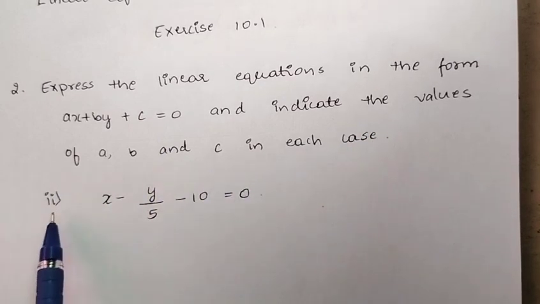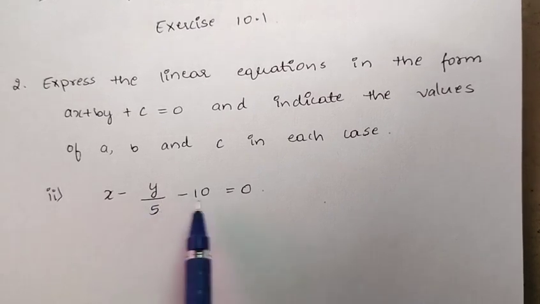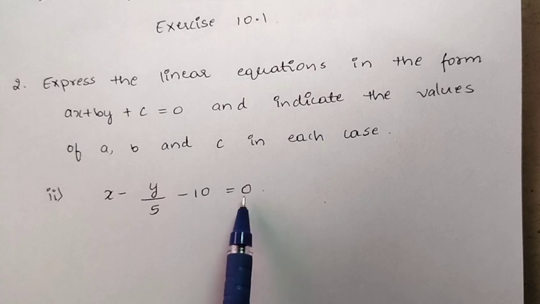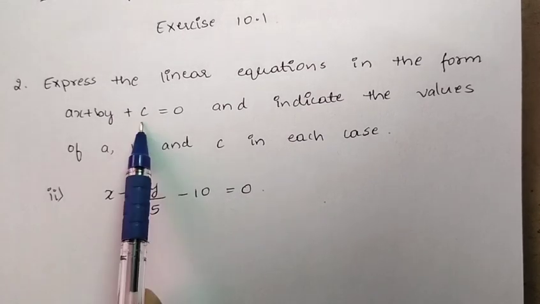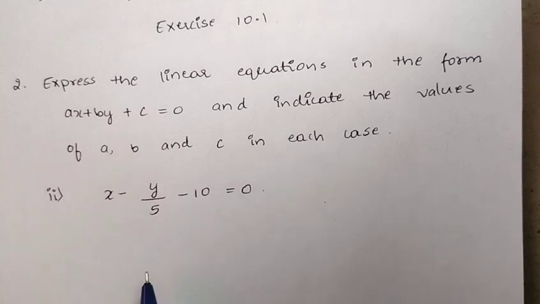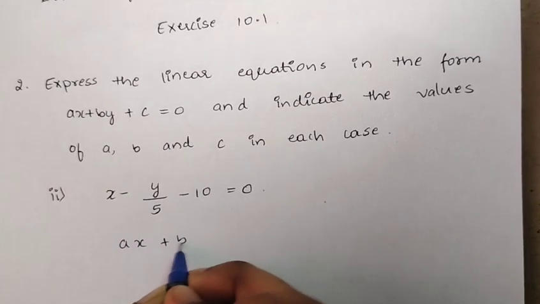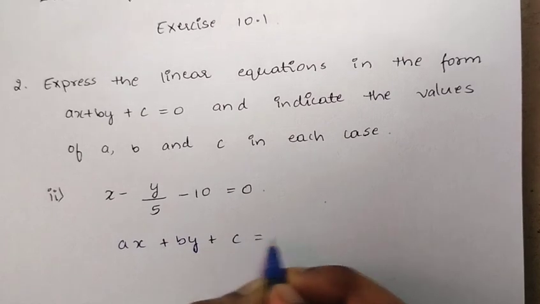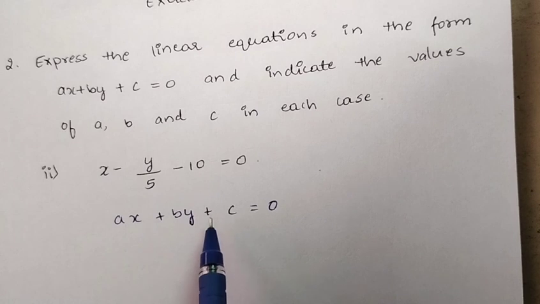The second question given in your textbook is x minus y by 5 minus 10 is equal to 0. When you compare this given equation with the standard equation, there is not much difference between the two. The standard equation is ax plus by plus c is equal to 0. So there is no need to worry about converting this into standard form.